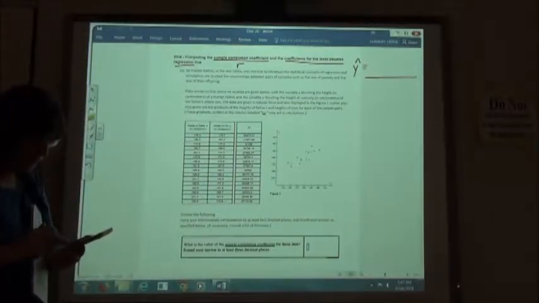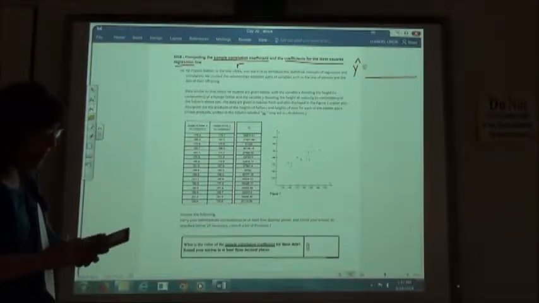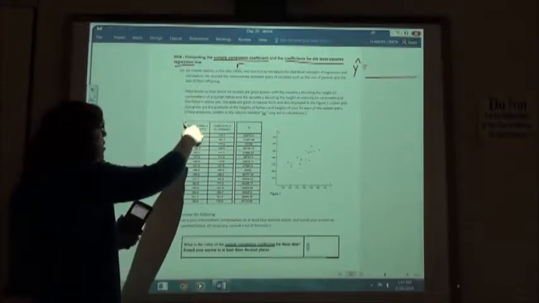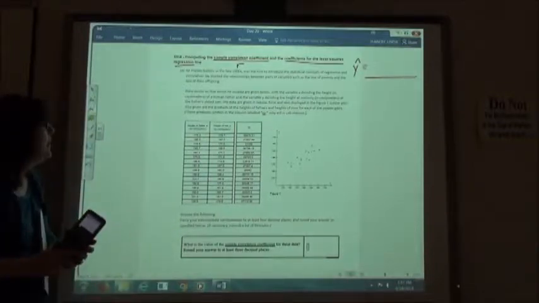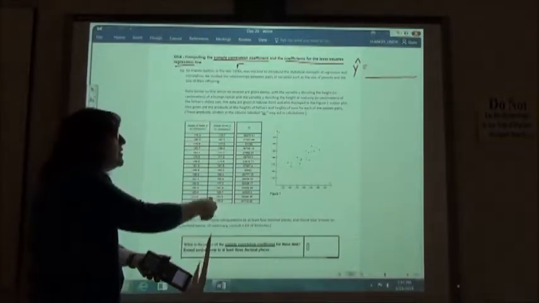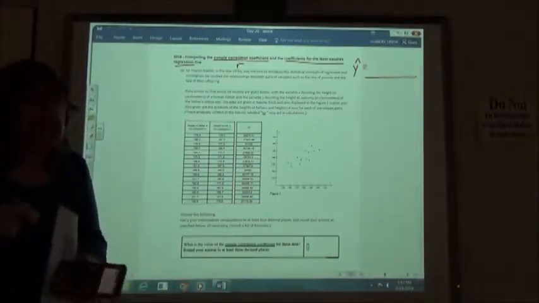So, if you again hit Stat, 1 for edit, and cursor up and clear out whatever's in there, hit Enter. If you list all of the heights of the father in list 1, you could also do the sons in list 2 if you wanted to, but then you'd have to calculate your statistics on list 2.